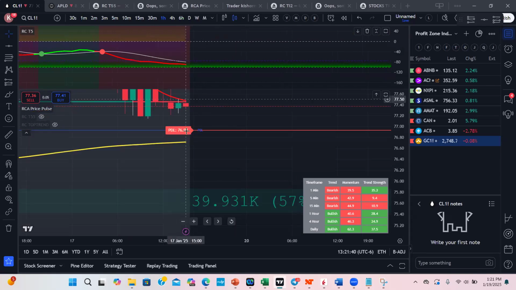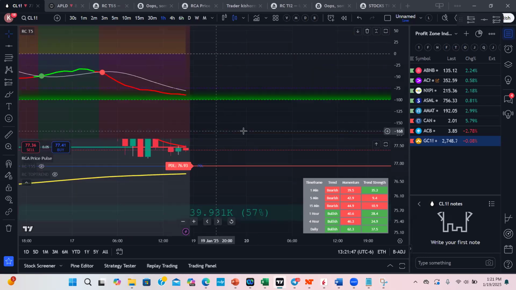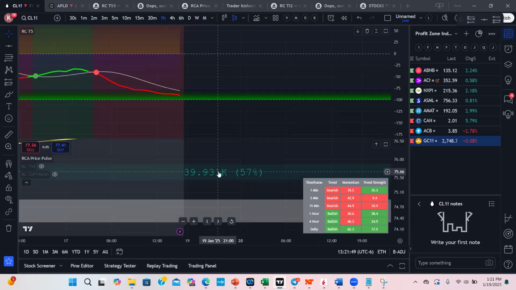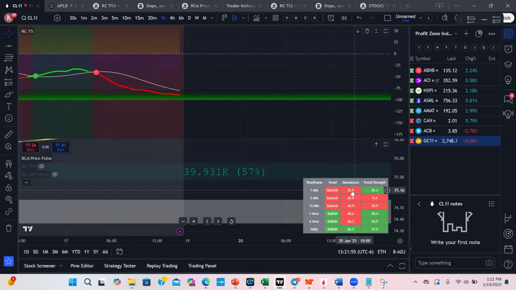Or minimum, it may come all the way till the EMA 200 and then start moving up again. And then again, it will go again. Finally, it will come all the way here, where again it will turn bullish. So as of now, it is turning bearish in all the time frames. In 1 minute it turned, 5 minutes it turned, 15 it turned, then 1 hour, 4 hours also will become bearish.